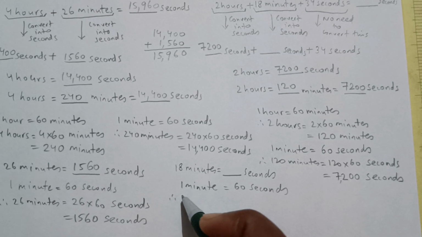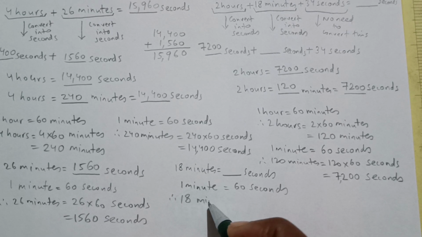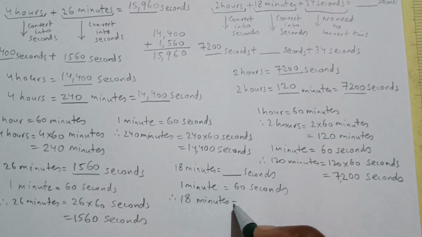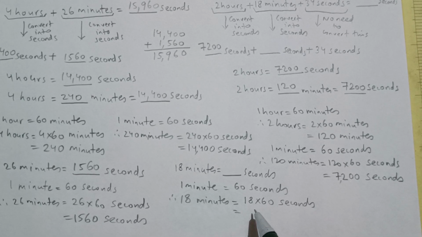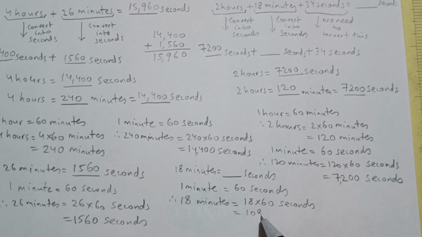So therefore 18 minutes will be 18 into 60 seconds. Now what is 18 into 60? We will do 18 into 6 and then add the 0 at the end of that answer. 18 into 6 is 108. And then add this 0 at the end.